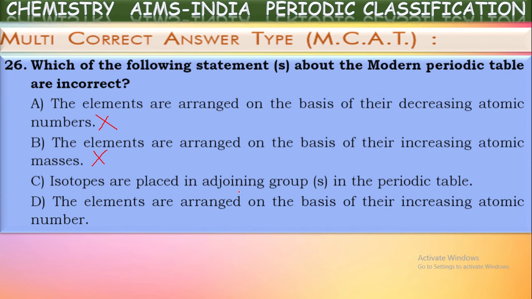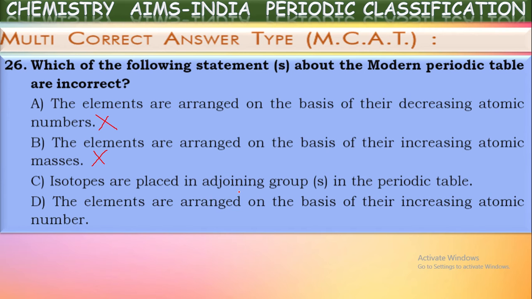Third one: isotopes are placed in adjoining groups in the periodic table. Actually, there is no question of isotopes in the modern periodic table, because this is based upon the atomic numbers of the elements. Even though there are different isotopes, all will have the same atomic number. So all the isotopes are given the same place, not adjacent places.